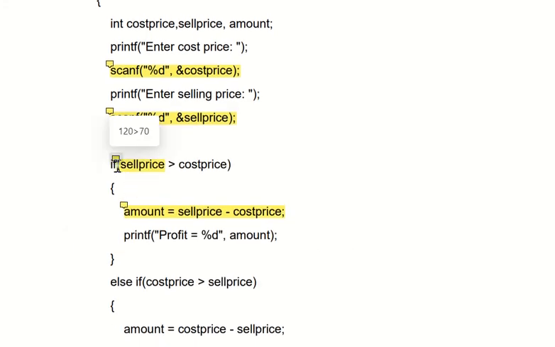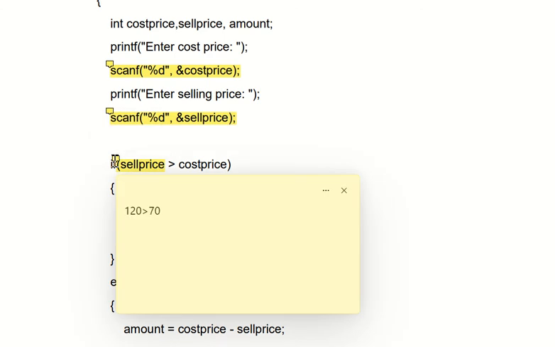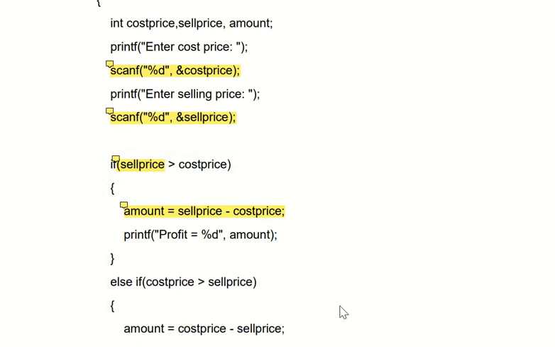Now when it comes to the if condition, 20 greater than 30? Obviously 20 is not greater than 30, so the condition is false. If the condition is false, it will not execute this part. It will jump to else if.